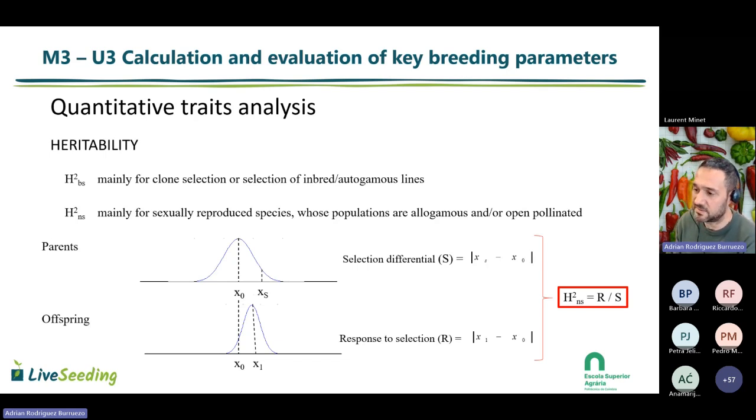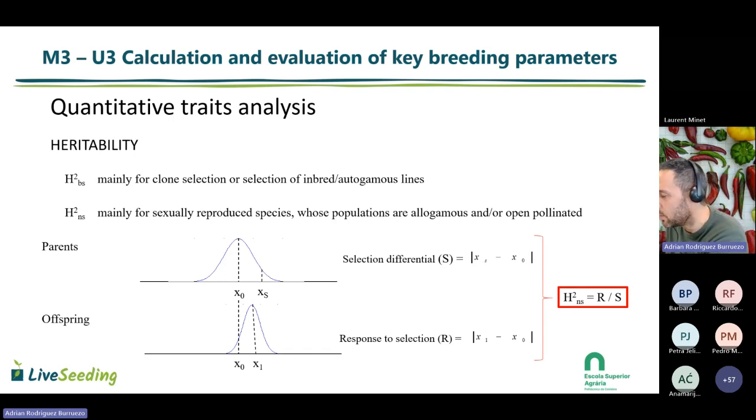You have the parent population, which has an average of x sub 0, okay? And the normal distribution of the different individuals. Imagine that you select only a part, the best ones, based on your phenotypic data.